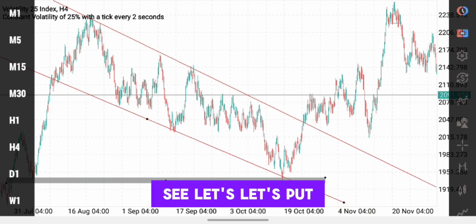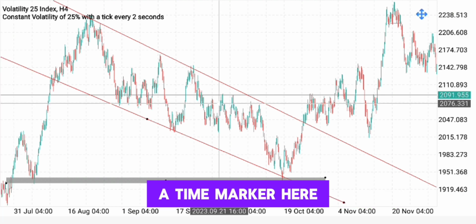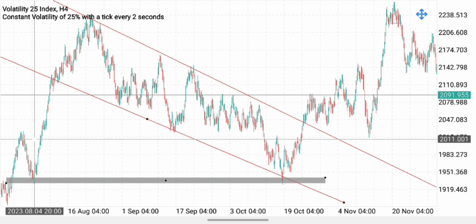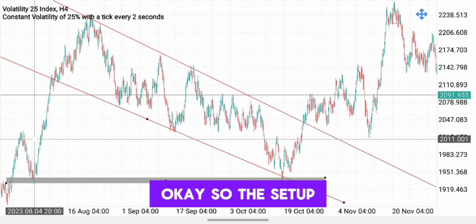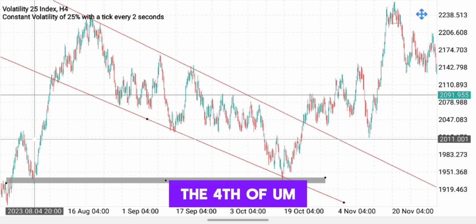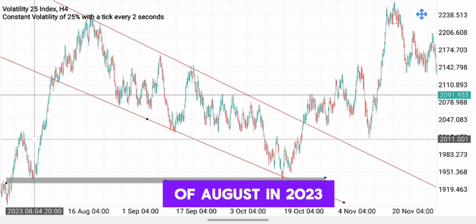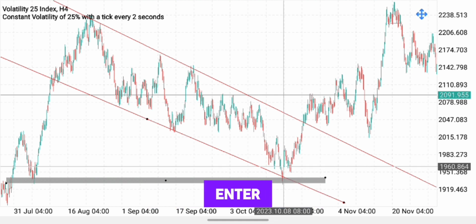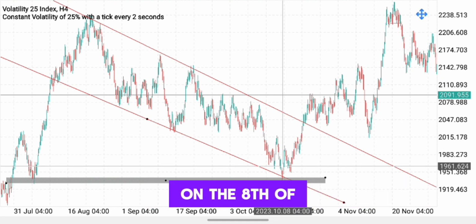So as you can see, let's put a time marker here. The setup or the support was created on the 4th of August in 2023, but right now you can enter the market on the 8th of October in 2023.